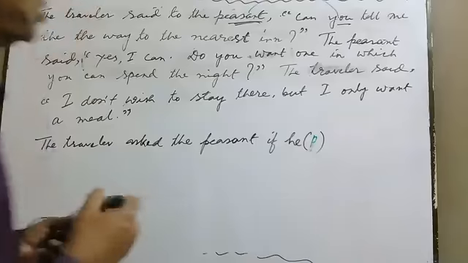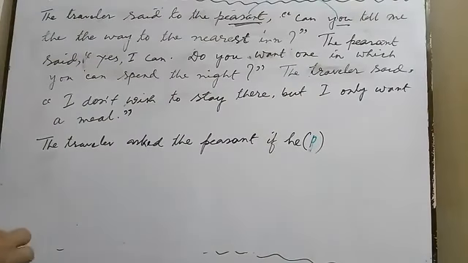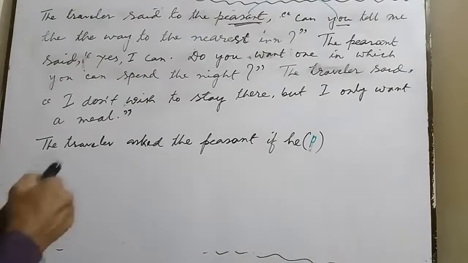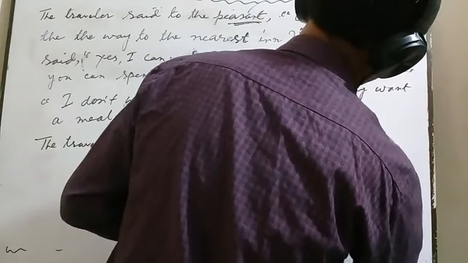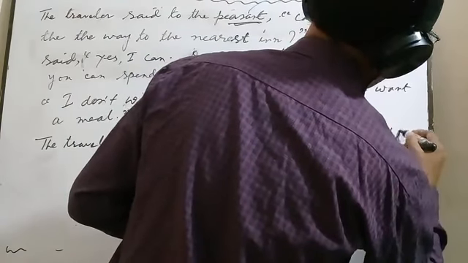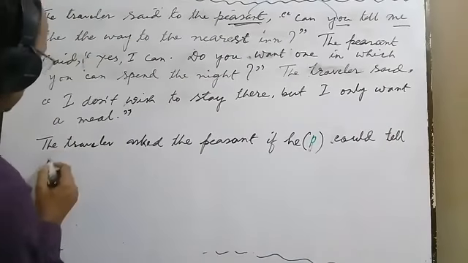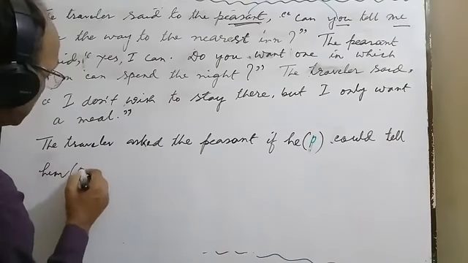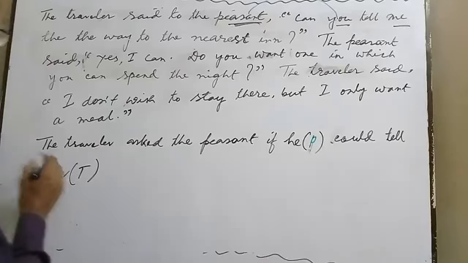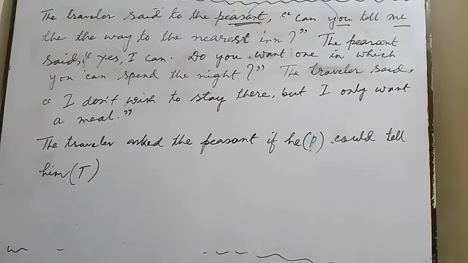P means peasant. If he, can you tell? That is, if he could tell, can would be could. So if he could tell, me is the traveler. So him, here him is the traveler.